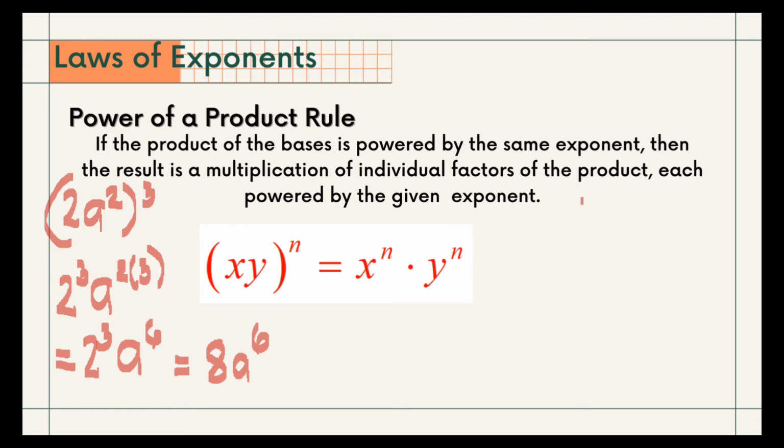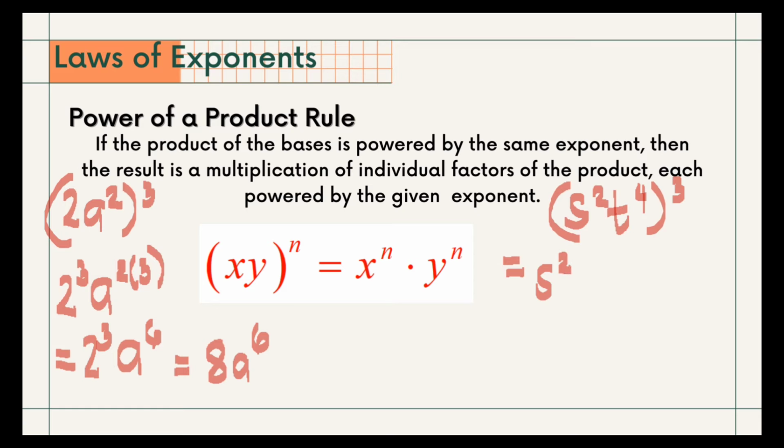Another example. We have s squared, and then t raised to 4, and then we raise these to 3. So, isa-isayin lang natin siya. Itong 3, multiply dito sa mga term na nasa loob by 3.